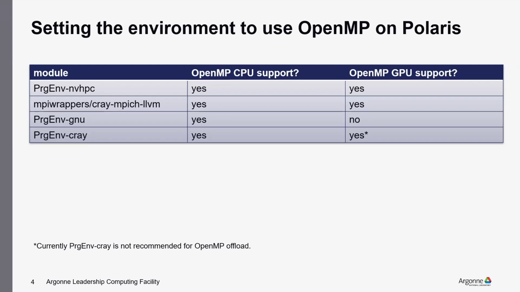The second one has a very distinct module name, because this module is not through the Cray programming environment. It is supported by the ALCF staff. The reason was that Cray doesn't directly support the upstream open source LLVM compiler. It doesn't install it for you.